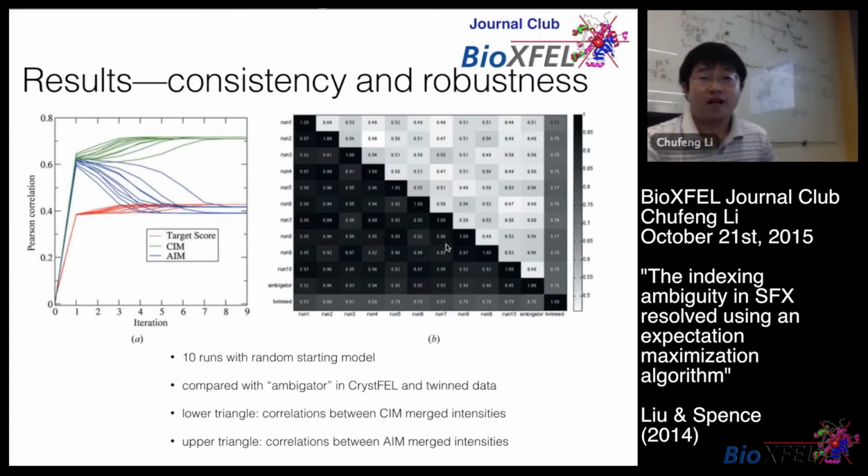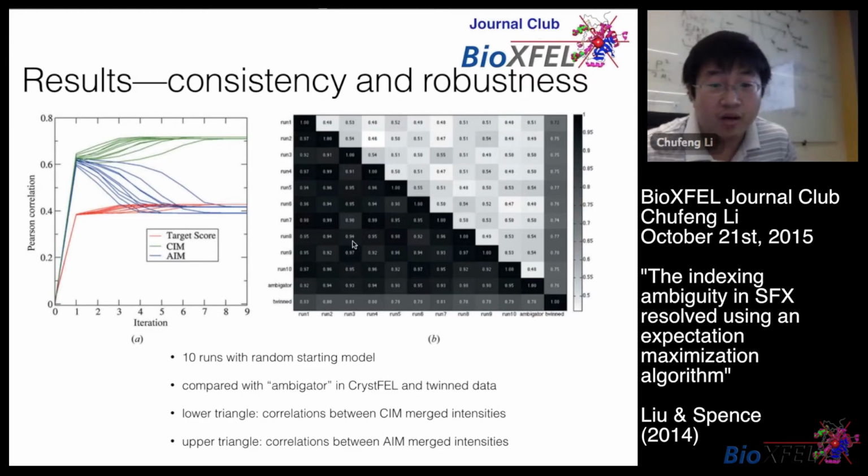So on the right-hand side, this is a table of correlation, internal correlation between the 10 runs, the ambiguity data from the ambiguator, and the twinned data. By twinned, I mean without detwinning, without considering this indexing ambiguity. So we can see that among these 10 runs, the inner consistency is quite high.